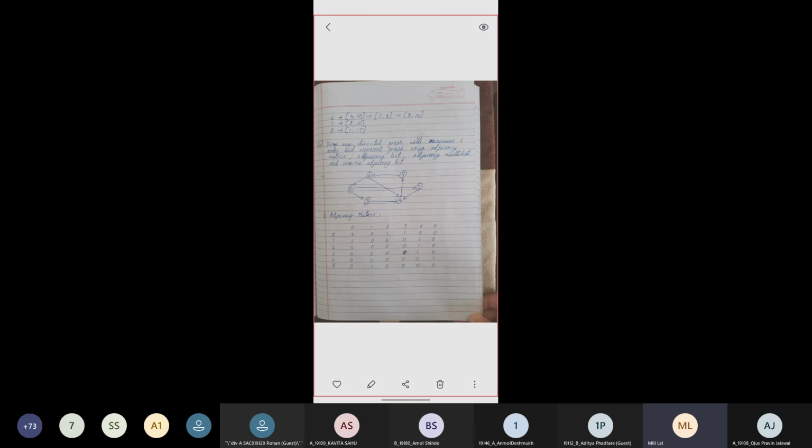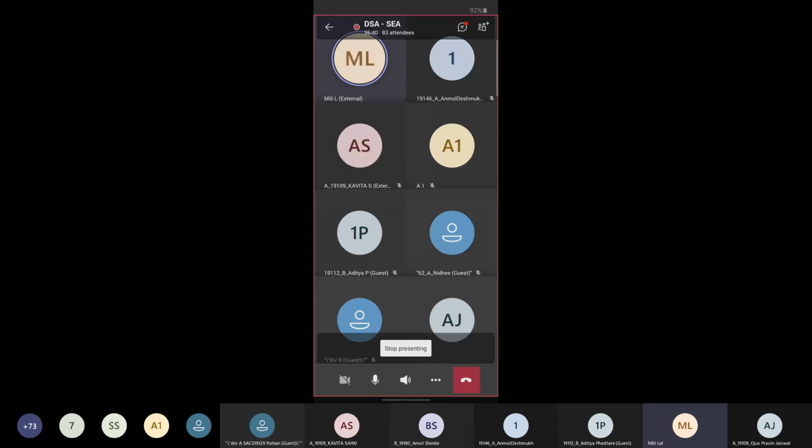Okay, should I continue? No, let me ask those who are in the session, what do you mean by in degree and out degree? In degree means the directed arrows coming towards that vertex, and out degree means the arrows going out. Yes, good.